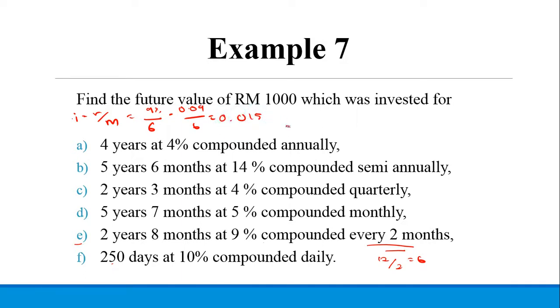0.015. Now 2 years 8 months, I need to change it first. 2 years 8 months is equal to 2 plus 8 divided by 12. Just keep it in the form of a fraction, not decimal, which is 8 divided by 3.